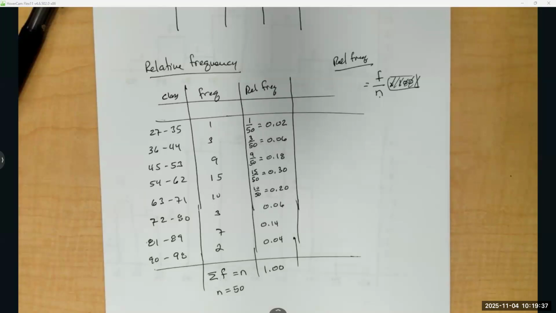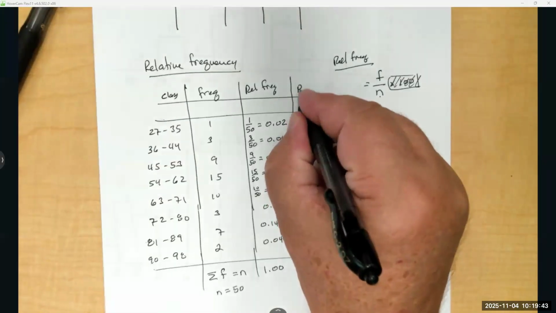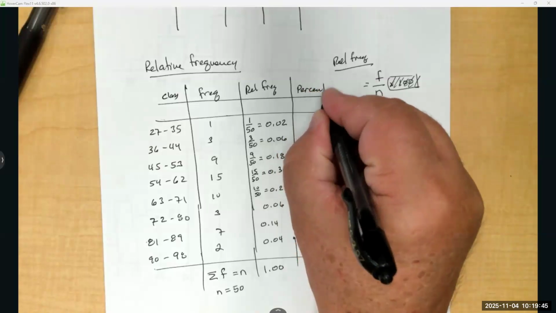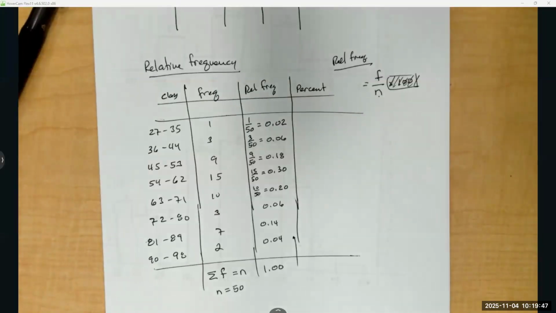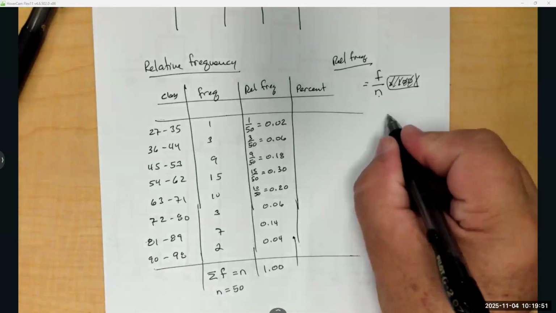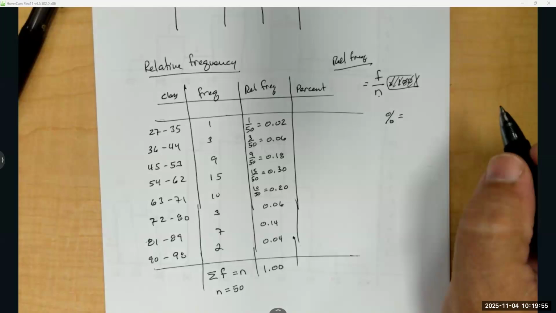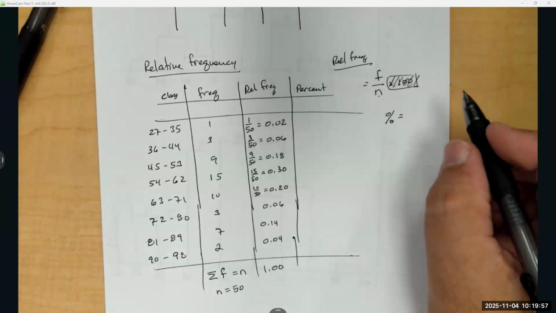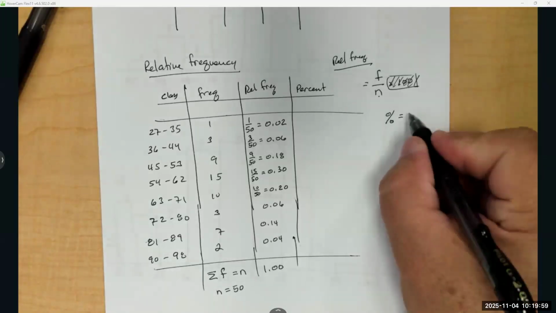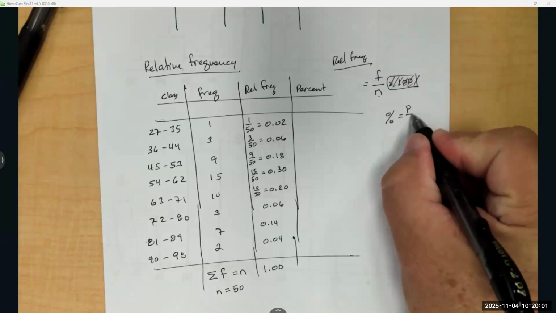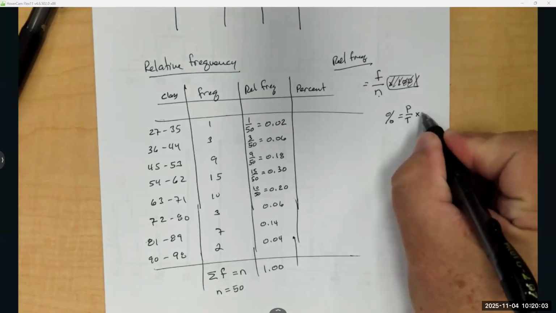Okay, looking at those numbers, they don't tell us too much. Percent. How do you find percent? What's the formula for percent? Close though. Percent is part over total times 100.